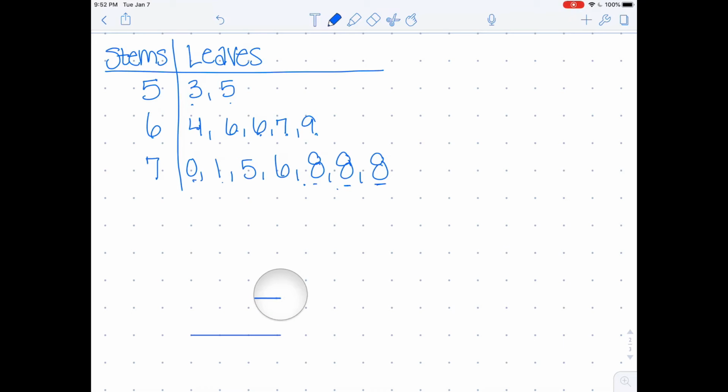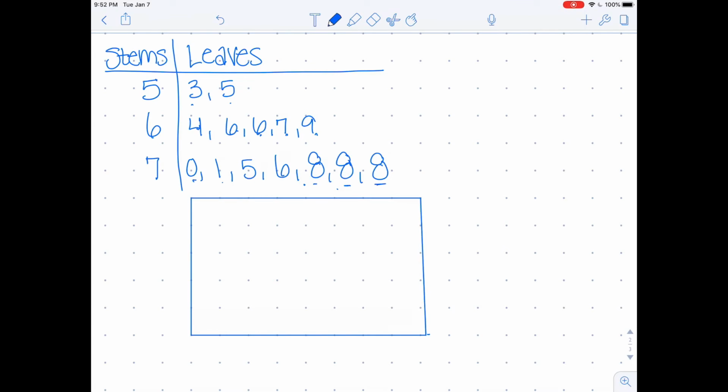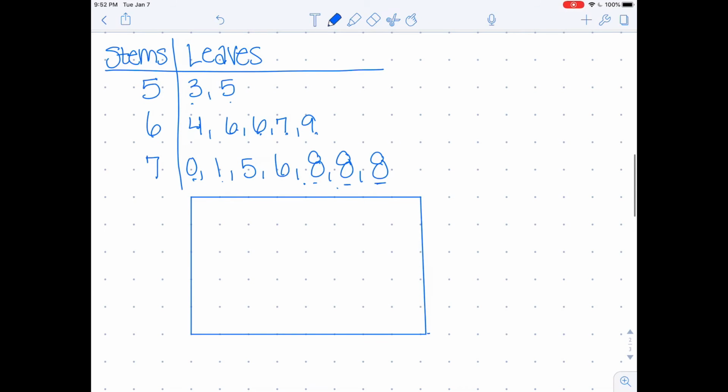And drawing our little graph here. Oh wait. So it's going to start at 50 degrees.